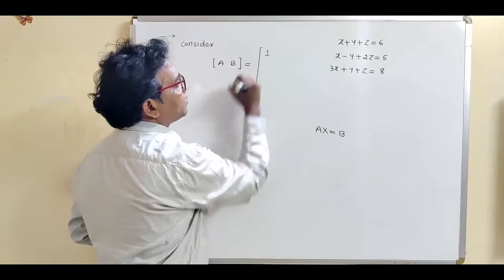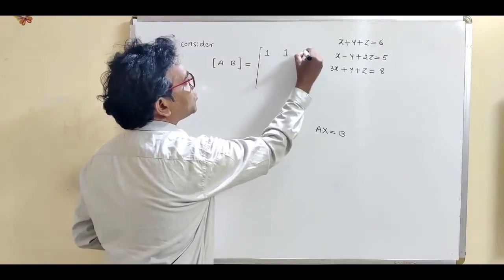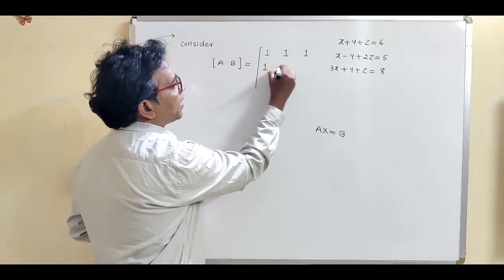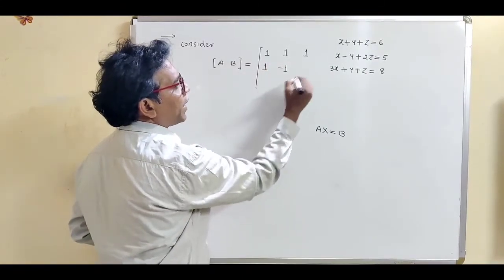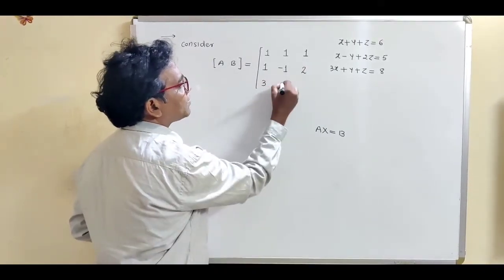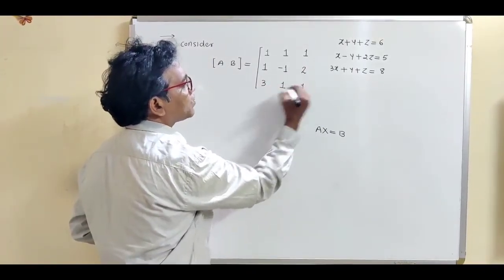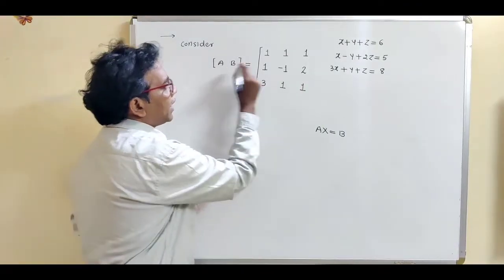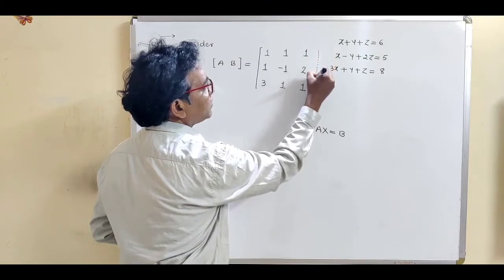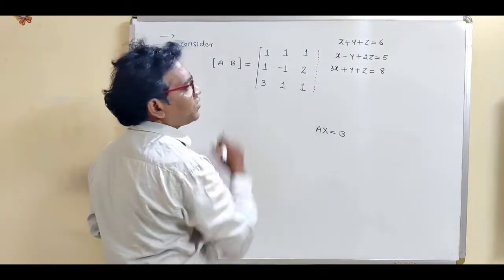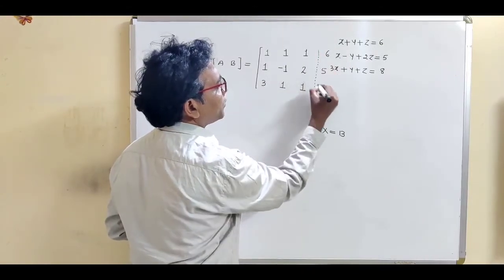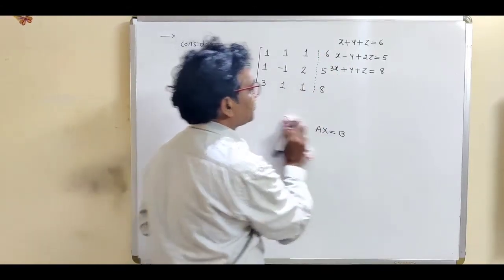Coefficient of x is 1, coefficient of y is 1, coefficient of z is 1; coefficient of x is 1, coefficient of y is minus 1, coefficient of z is 2. This is the coefficient of x, this of y, this of z, and write down the elements of B. Put a dotted line here, and matrix B, the matrix of constant terms, is 6, 5 and 8.